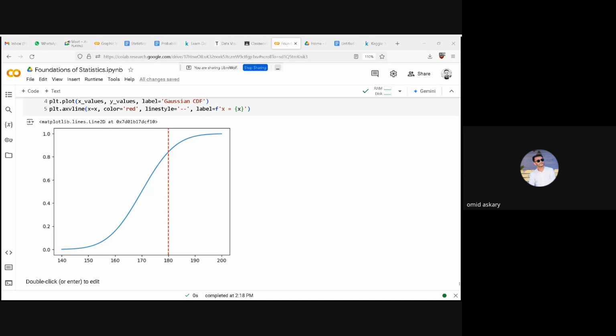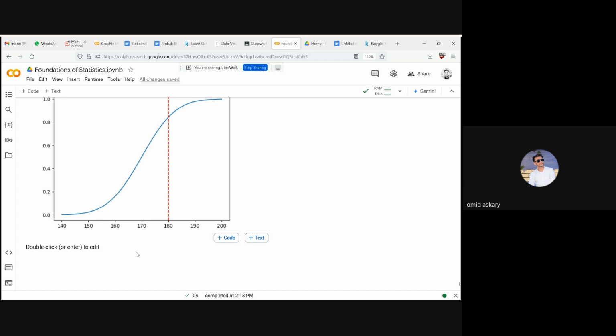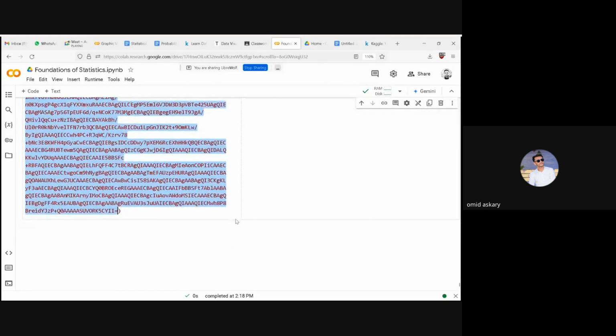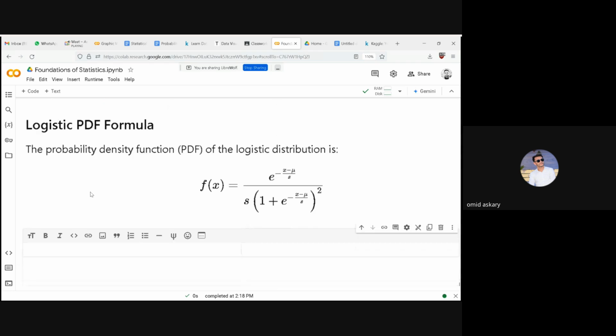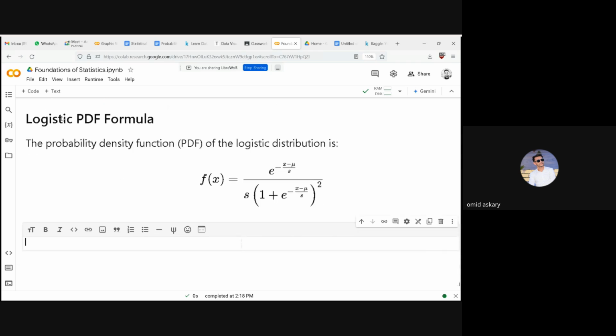We want to know how the logistic PDF formula works, so to give you an understanding, I will give you the formula for the logistic PDF. This is the probability density function, but not Gaussian; this is logistic.